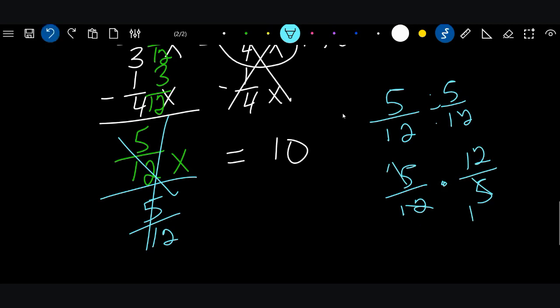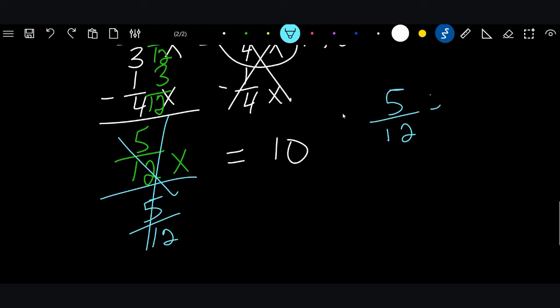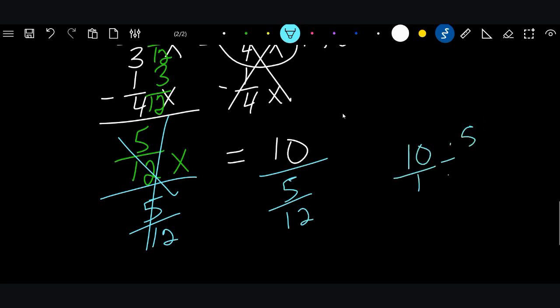Everything cancels out to 1. Okay? So I just did a shortcut right there, and you should remember that from Algebra 1. And so I cancel that side. Well, what do I have to do to this side? I also have to divide it by 5/12. And so I'd have 10 over 1 divided by 5/12, or 10 over 1 times 12 over 5. That cancels to a 1.